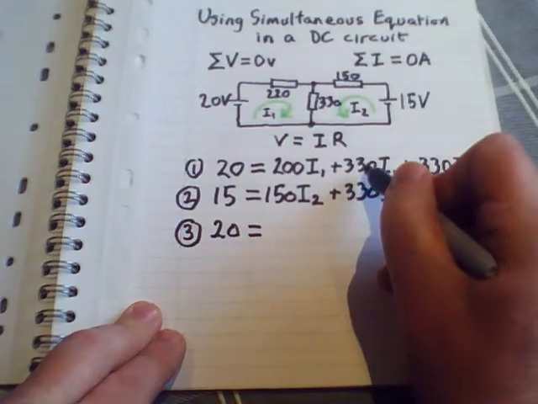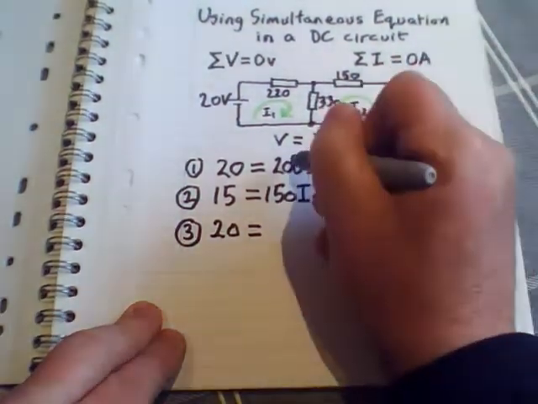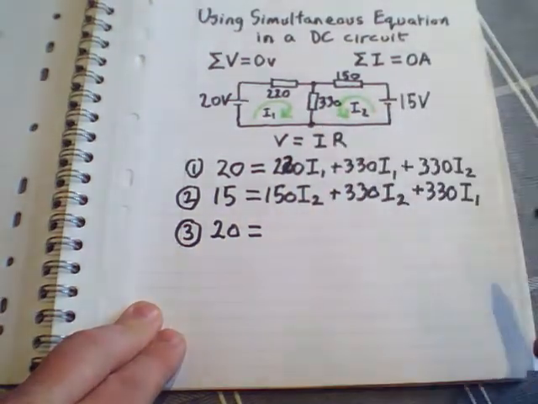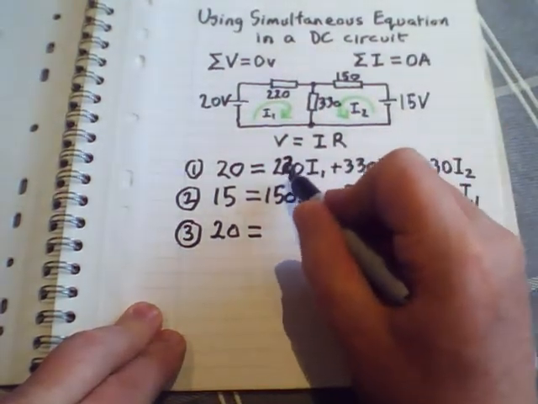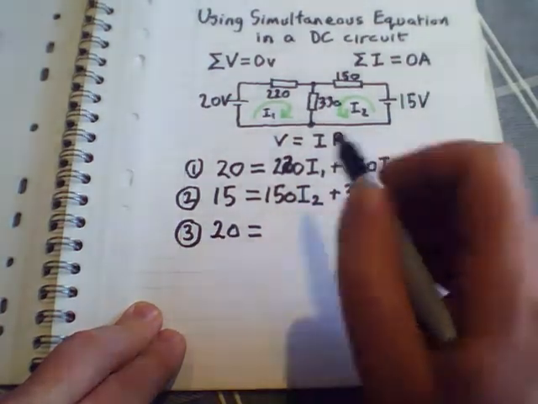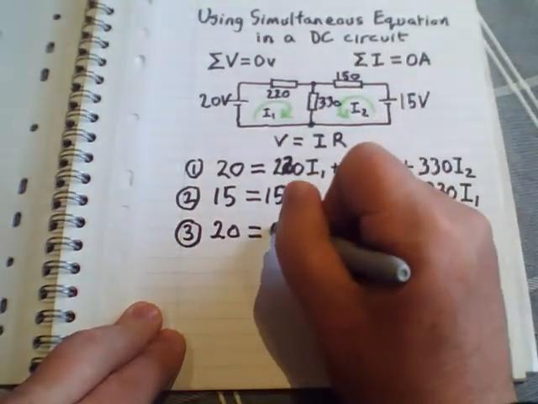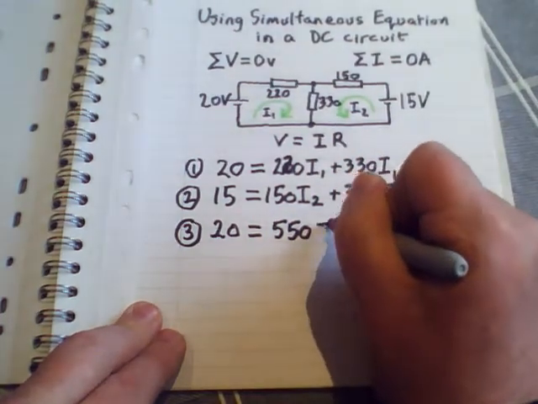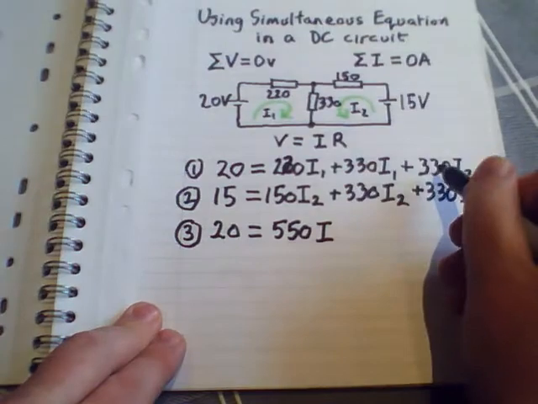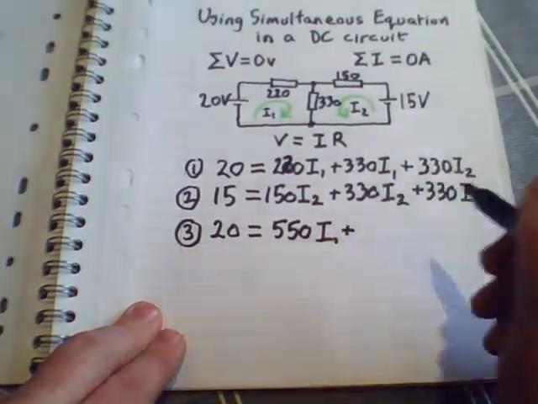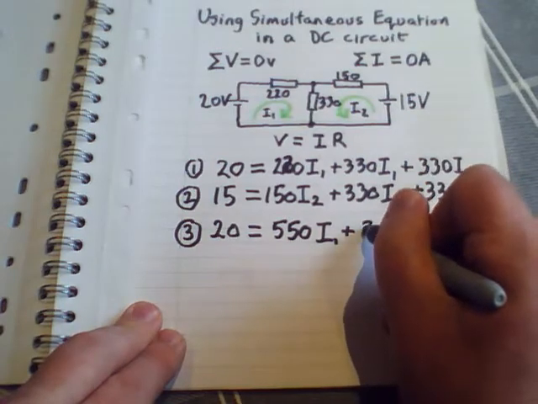I'm going to add, oh, I just realised that should have said 220, excuse me. So I'm going to add the 220 and the 330 because they're both I1. So that's 550 I1.